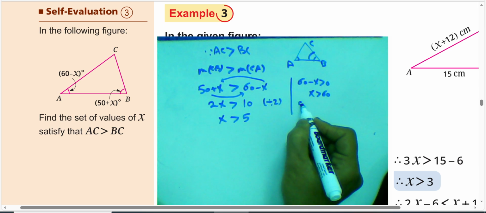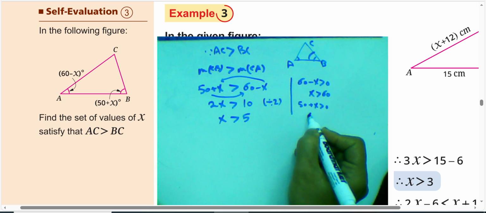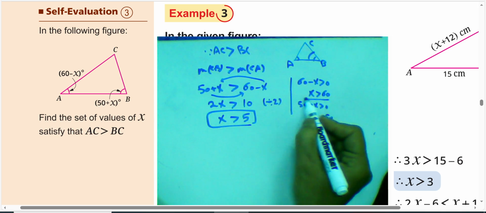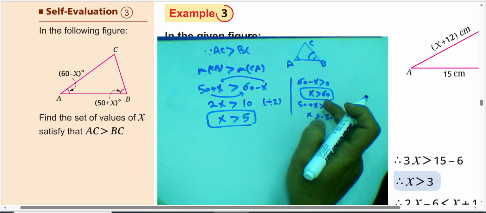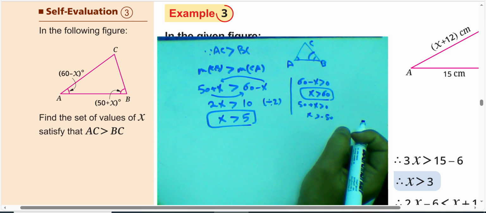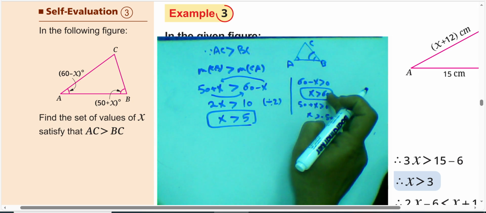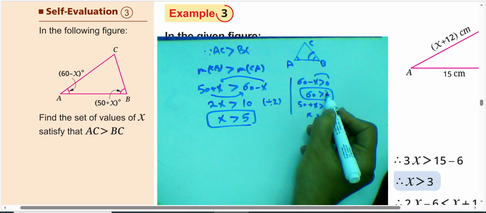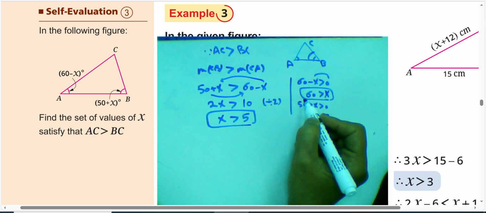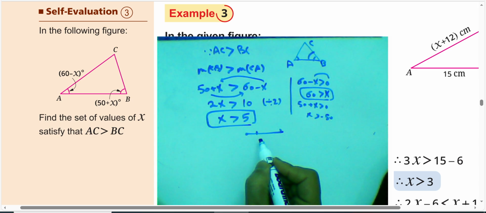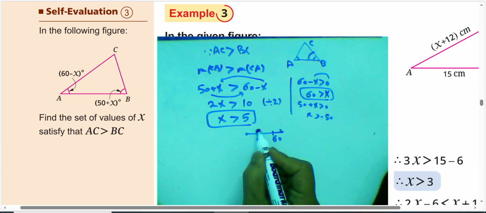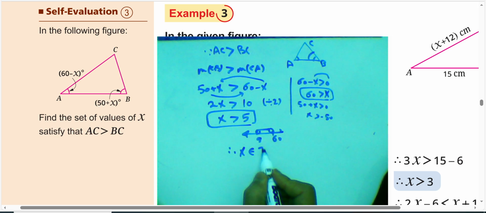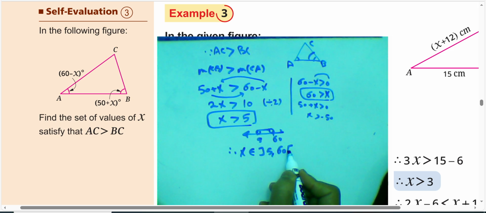And also 50 plus x greater than 0, x greater than negative 50. x greater than 5 and x less than 60. We move x here. We have 60 and x. Then x is less than 60 and greater than 5, so it lies between 5 and 60. Then x belongs to the open interval from 5 to 60.